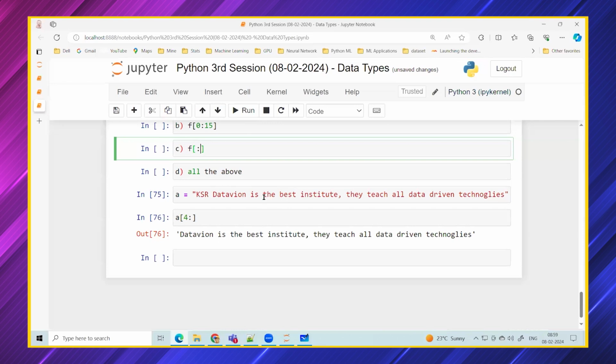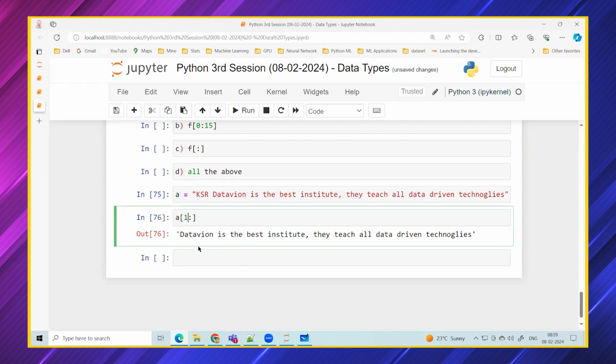Let's say I want to start from the best. So rather than starting at 4, I count 5, 6, 7, 8, 9, 10, 11, 12, 13, 14, 15, 16. So I'll start from 16, but I don't know the end position. I'll simply execute this, and it will give from start to end. Now this is a third case you have to remember.